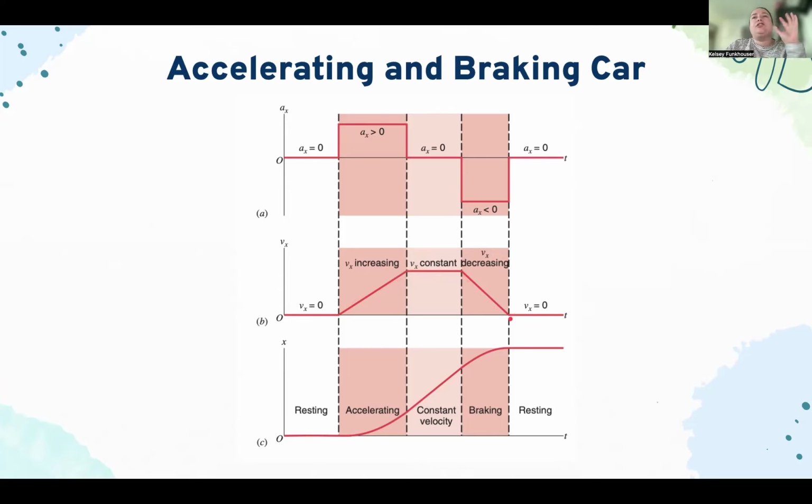And this one, just based on how wide the chunk of time is along the x-axis, which again is time in these graphs, takes less time to go from this constant velocity down to zero velocity. So that tells us that if they're going between the same velocities, but this one doesn't take as long, it must be accelerating faster or decelerating faster than this one. So that's one way to recognize what's going on with the motion.